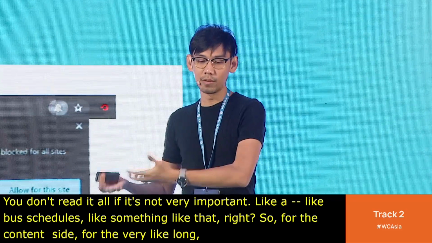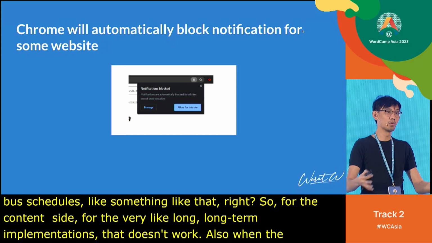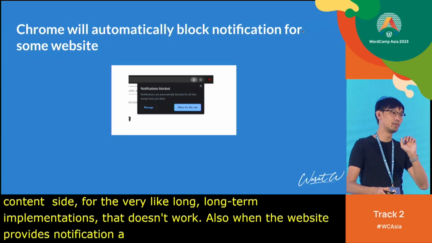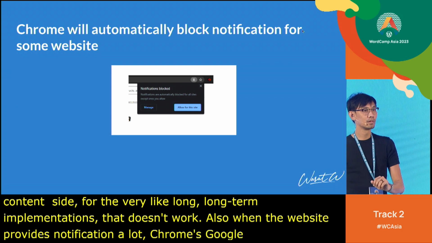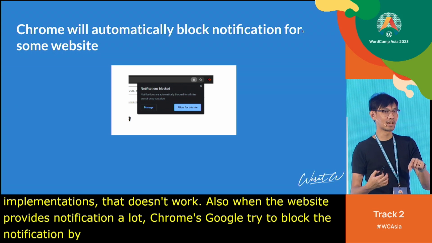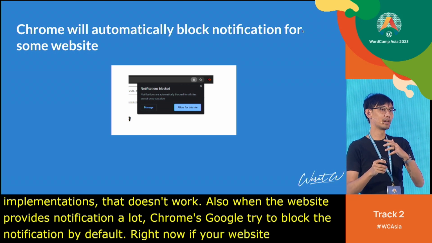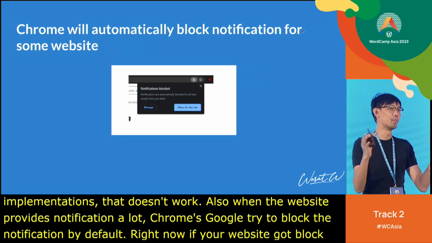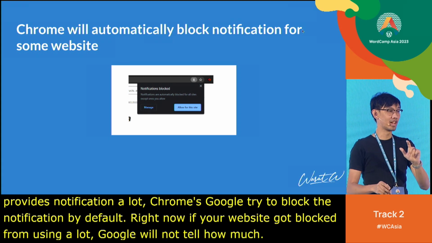Also, when a website implements notifications a lot, Chrome, Google tries to block the notification by default. Right now, if your website gets blocked by users a lot, Google doesn't say how much, Chrome will automatically block your notification by default.